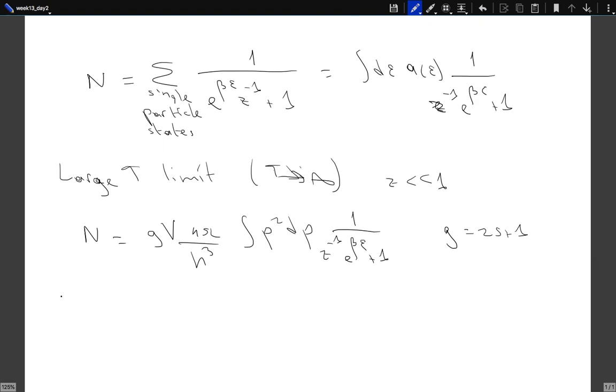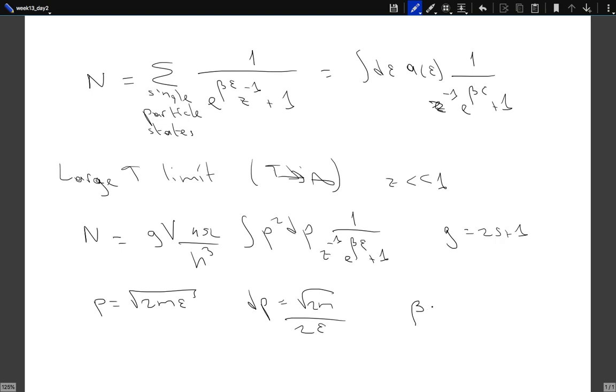As in the case of the bosons, we will make several changes of variables. The momentum in terms of the energy, if it is non-relativistic, is the square root of 2m epsilon, and dp is equal to the square root of 2m over 2 square root of epsilon.